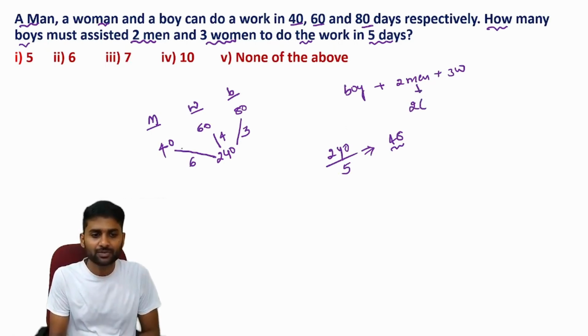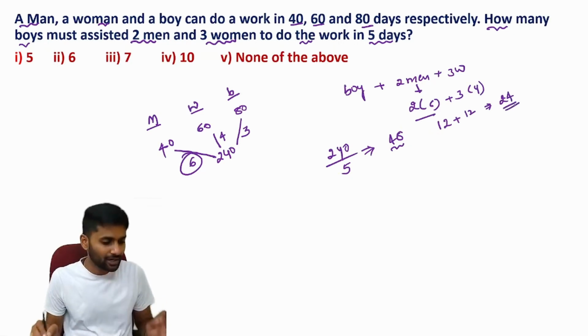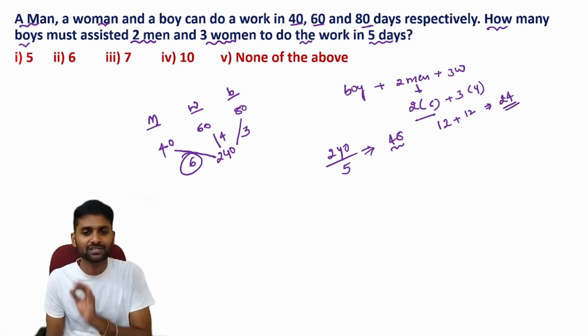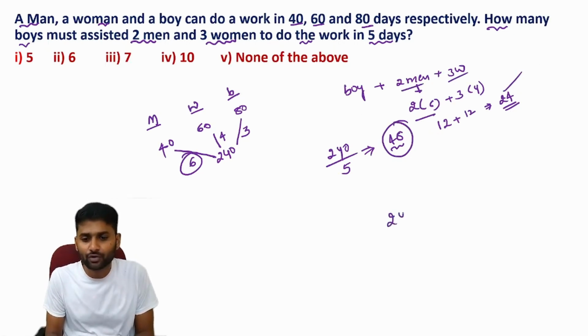Each man can complete exactly 6 units per day, and each woman completes exactly 4 units per day. Now 2 into 6 is 12, 3 into 4 is 12, so they completed 24. According to the information, they have to finish exactly 48 units. Out of 48, 2 men and 3 women completed 24 units. So the remaining 24 units are completed by boys.